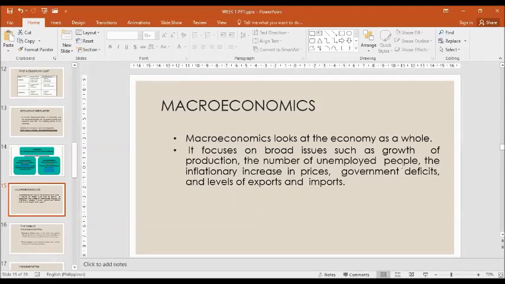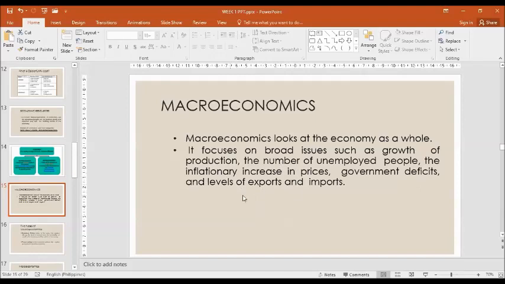Then inflation, the increase in prices. And government deficits, wherein the government income or revenue is lower than government expenditure, or expenses. And it involves the level of exports and imports.